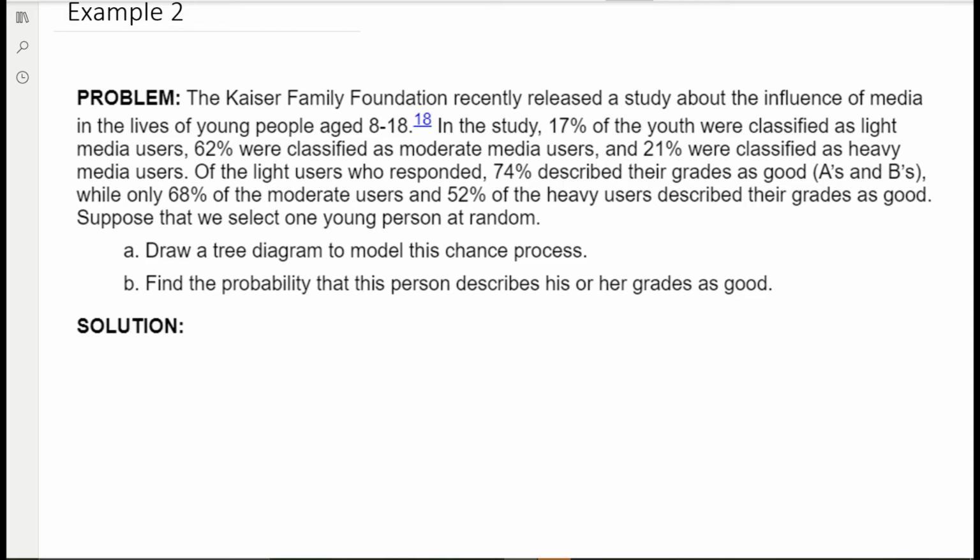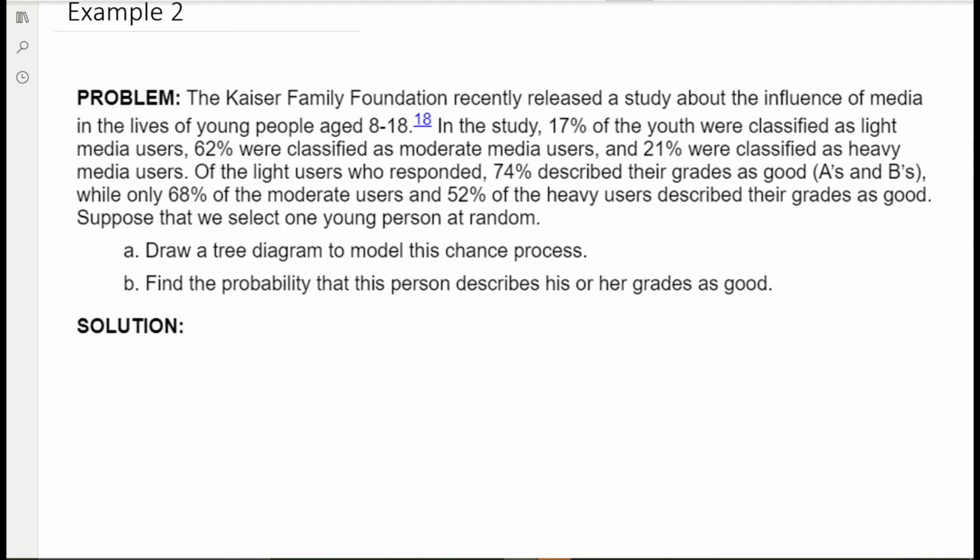Of the light users who responded, 74% described their grades as good, while only 68% of the moderate users and 52% of the heavy users described their grades as good. Suppose that we select one young person at random. Draw a tree diagram to model this chance process.